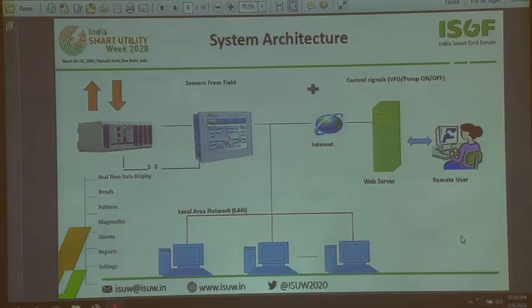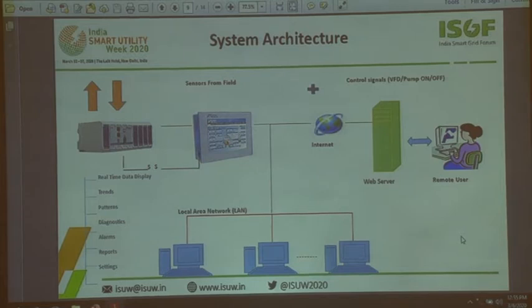You need not have AC power, and they can pull the data, which can then be fetched onto the web, and from the web you can see it anywhere. The technology is available and running at a lot of places, especially in the water distribution sector. Of course, not in these sectors as of now, but in water distribution we have a lot of success stories.